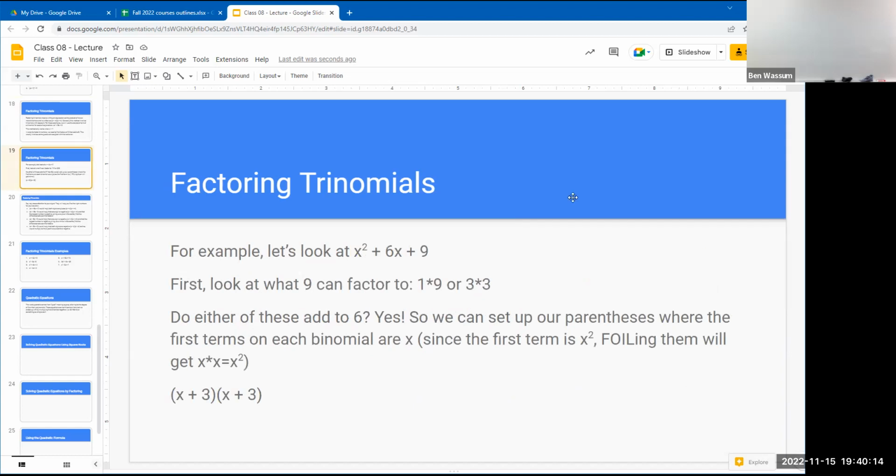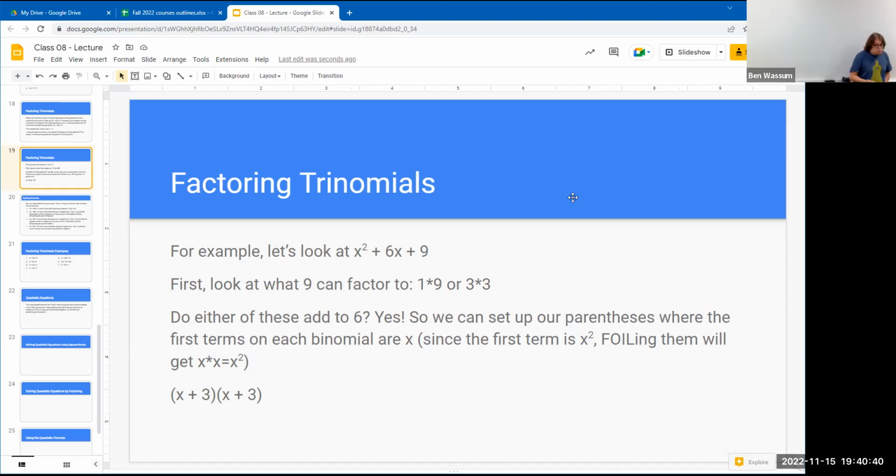So our first example is going to be x squared plus 6x plus 9. Now this one's actually, interestingly enough, an example of a perfect square trinomial, which is what I mentioned earlier in that one example in the review. So the easy way to deal with these is you look at the last term and you say, what factors of this can add up to the middle term?